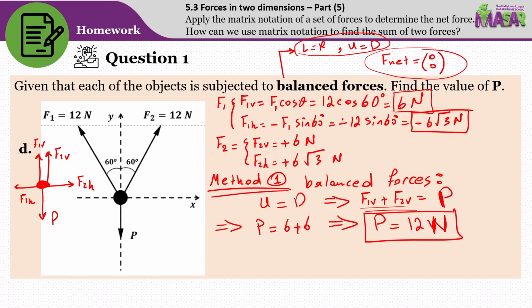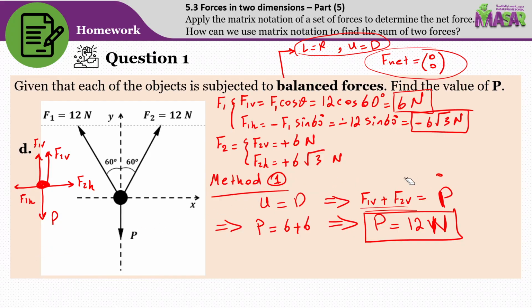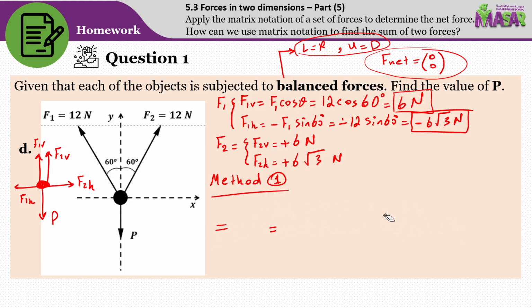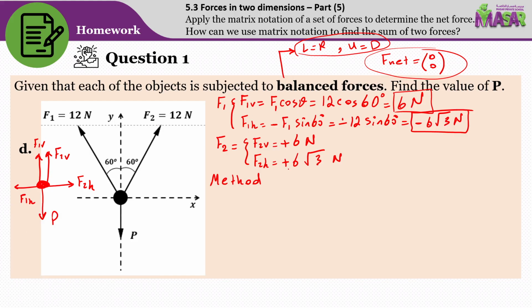Now I will use method 2 to prove that the final answer will be 12 Newton. Let me show you how. Remember, in both methods, I should decompose the angled force into two components. So I will maintain this part here, and let's go through method 2.